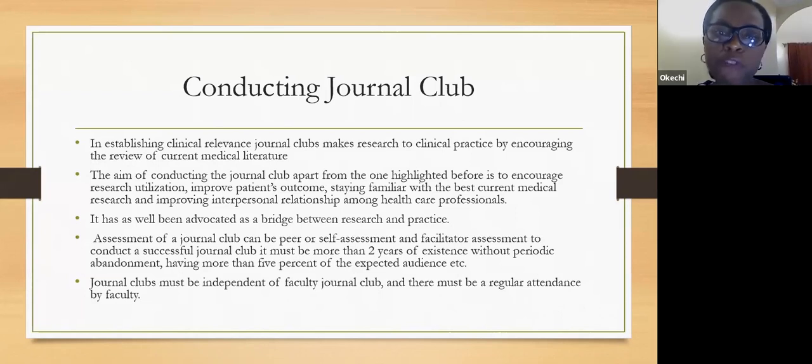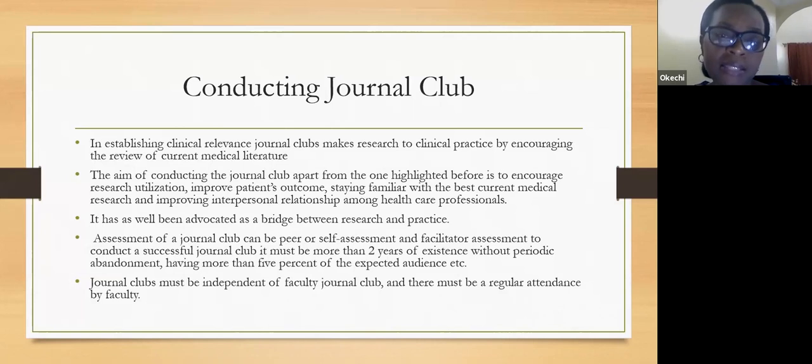Then the aim of conducting the journal club, apart from the things we have talked about before, is areas that are around research utilization, improving patient outcome. At the end of the day, there must be a result we are looking at. There must be an outcome we are all looking forward to.